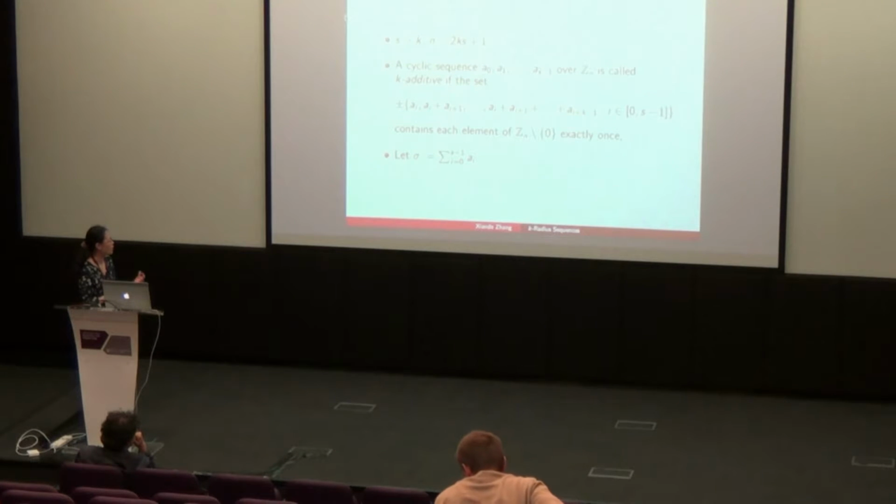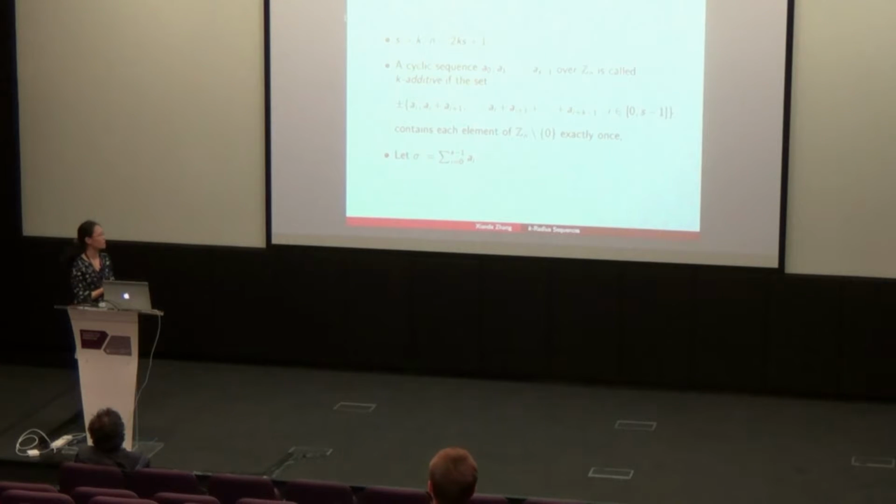It satisfies this property. We collect the sums of consecutive terms, up to k consecutive terms: a_{i+1}, up to a_{i+1} plus through a_{i+k-1}. So for each i, we have k sums here. In total we have ks values.